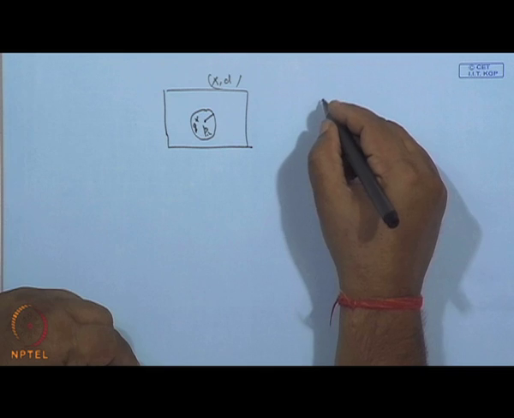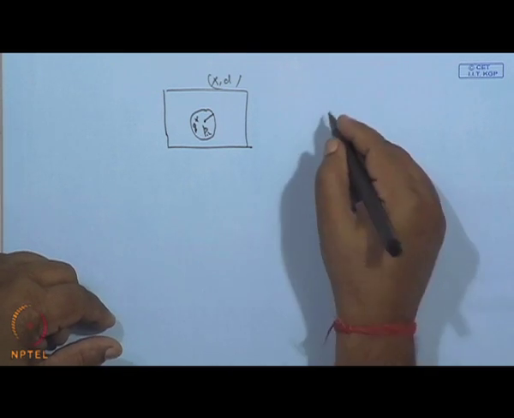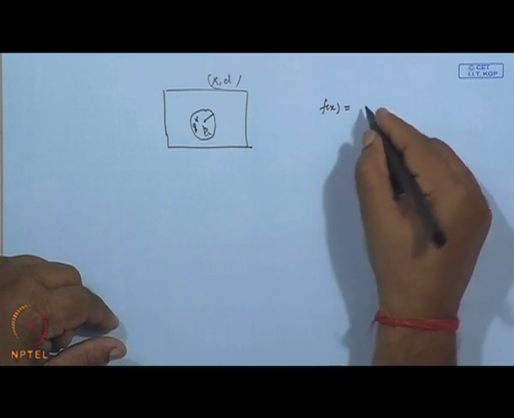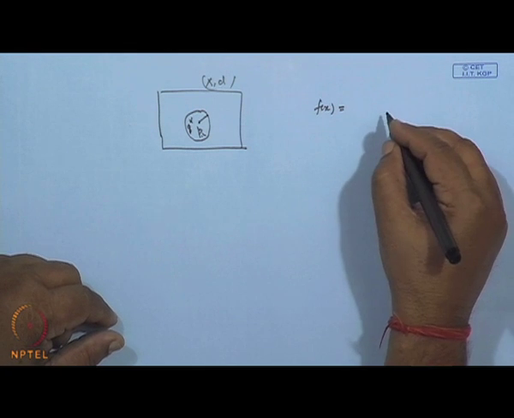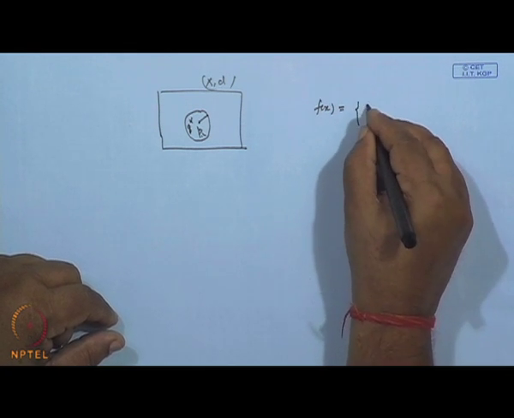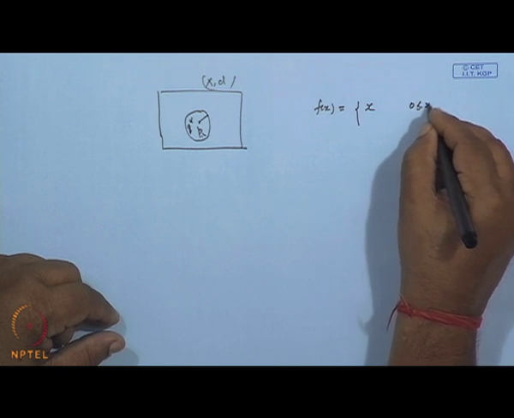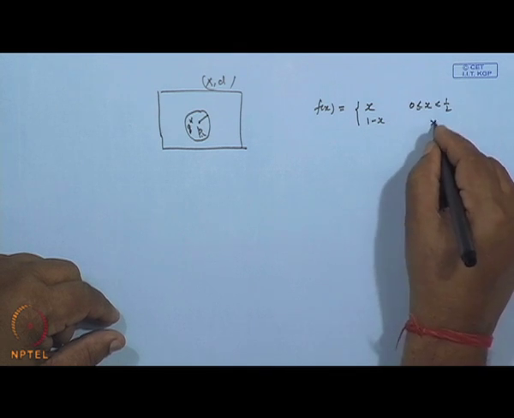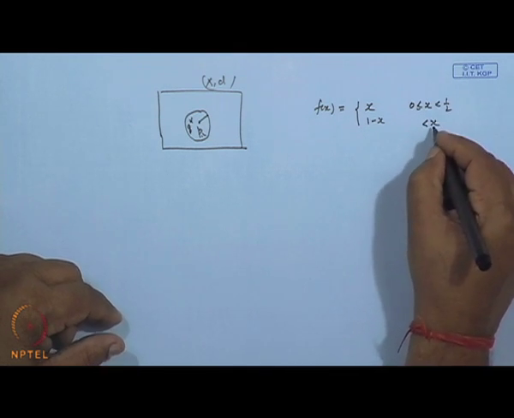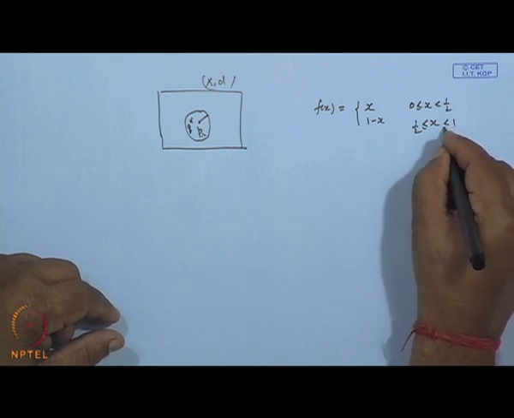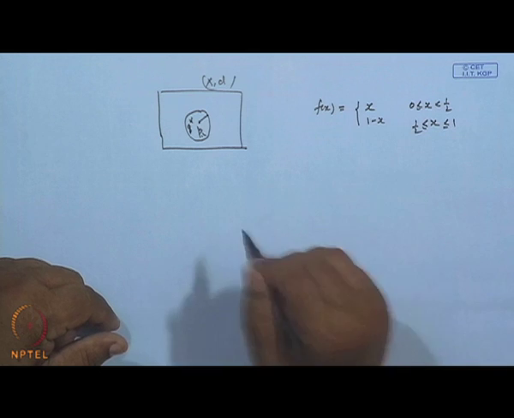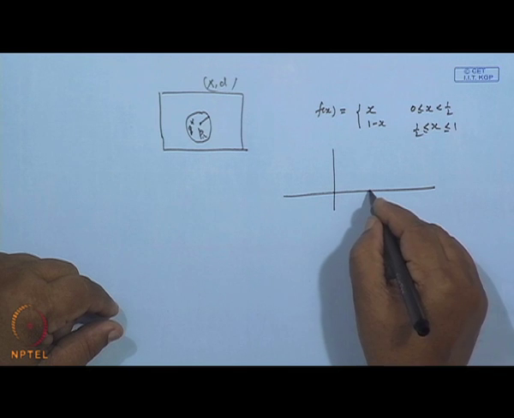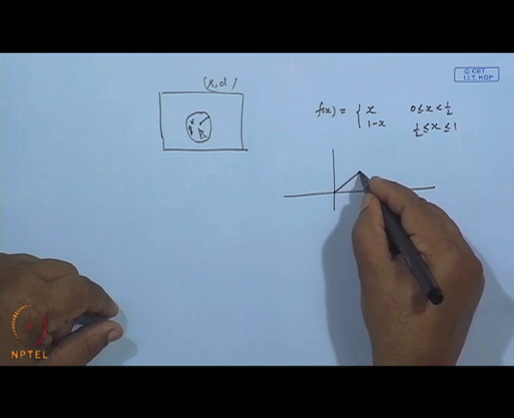Just for example, if we take the function f(x) equal to x when 0 is less than or equal to x less than half, and equal to 1 minus x when x is between half and 1. So what is this function? f(x) equals x between 0 and half, the function is defined like this.